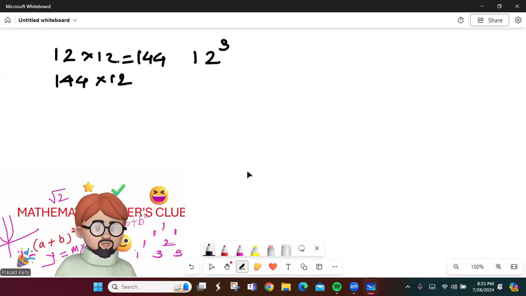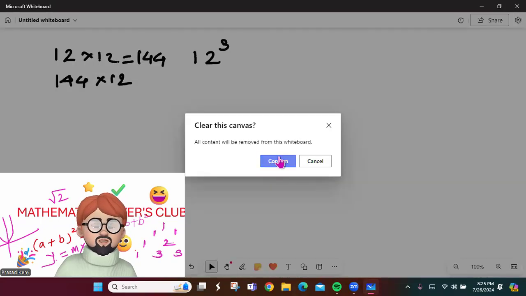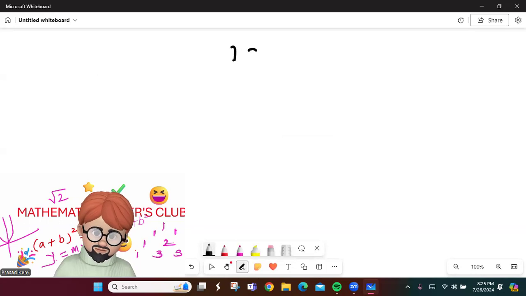So then what to do? Is there any other simpler way to do it or any technique? Yes, there is a technique which I'm going to discuss with you today. So I will show you how to find 12 cube using this technique.